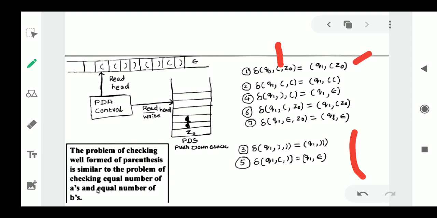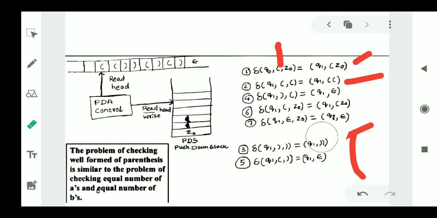After that, there is a possibility of getting an open parenthesis or a closed parenthesis. If we get an open parenthesis, just insert that also into the stack. See here, the input symbol is an open parenthesis, and the top of the stack is also an open parenthesis. Just push it into the stack.